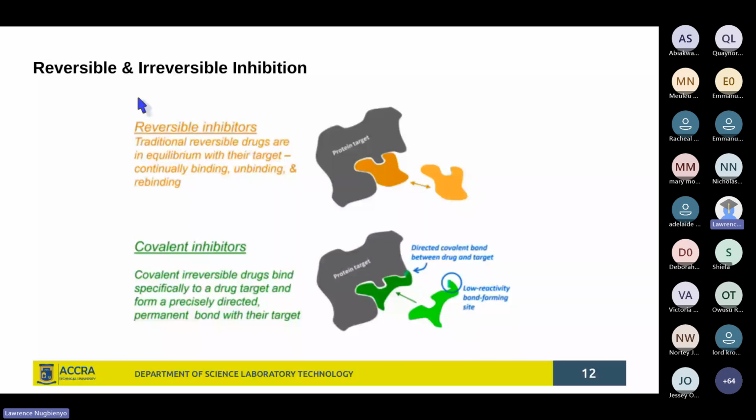So we've looked at 4 forms of inhibition already. First, we looked at competitive inhibition, looked at non-competitive inhibition, and now we are looking at reversible and irreversible inhibition.